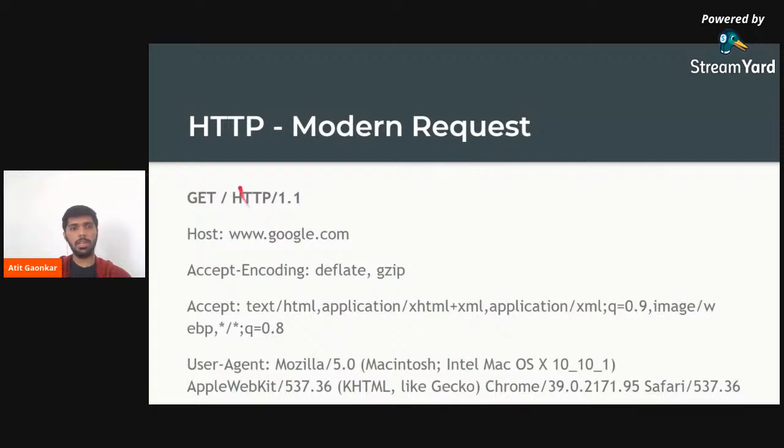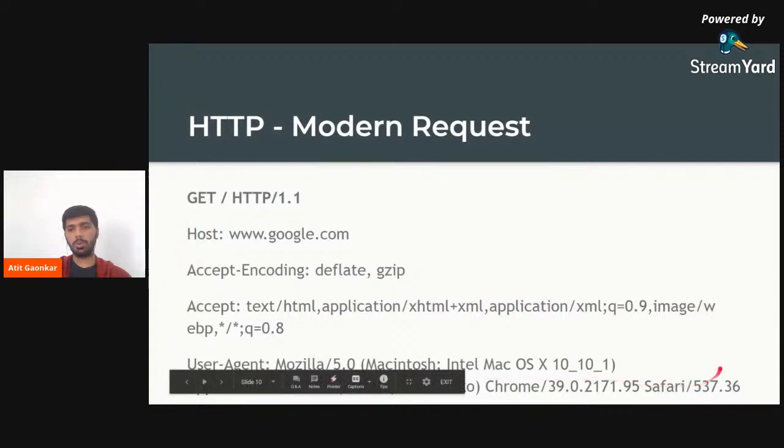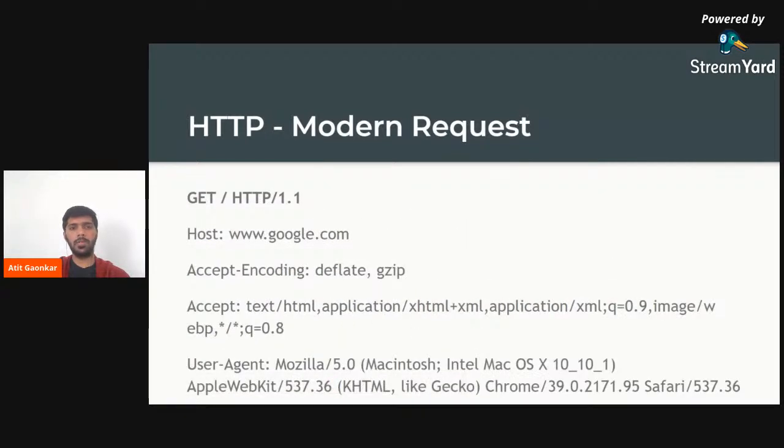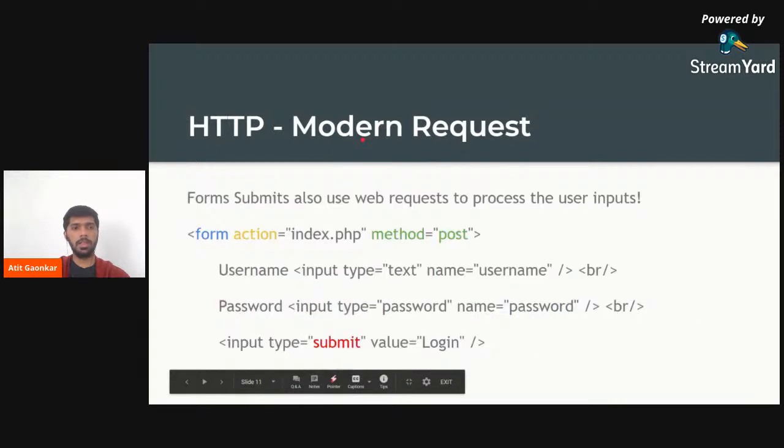Your protocol is HTTP, the version is 1.1. If you try to access this whole method request, you will be provided with this response. We'll get into detail what this response actually means when we discuss the request-response part of HTTP.